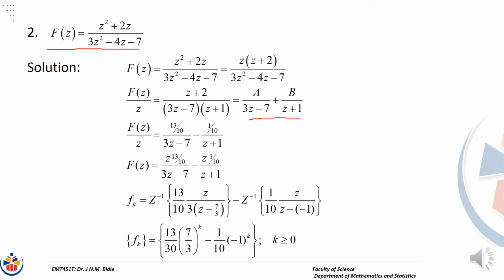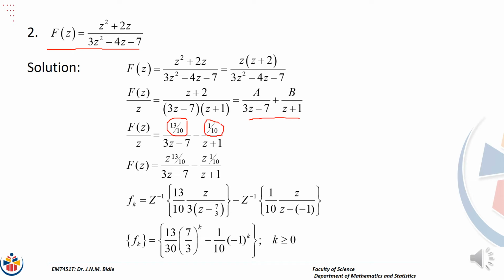And I know that Z over Z minus 7 over 3 gives me 7 over 3 to the power k, and 3 times 10 in that denominator will be equal to 30. And then we go to the second term, which was Z plus 1 in the denominator, which is just Z minus negative 1. That is why we have a negative 1 to the power k in the second term. Please check whether the values for A and B are correct.